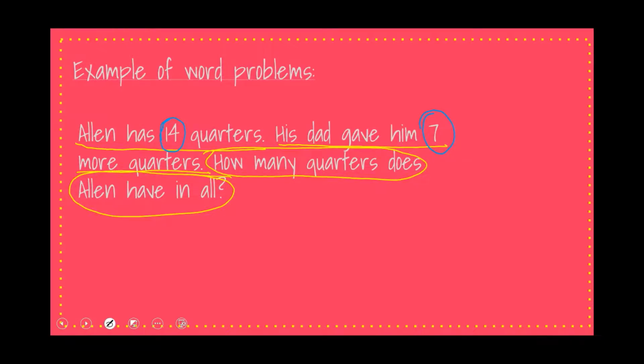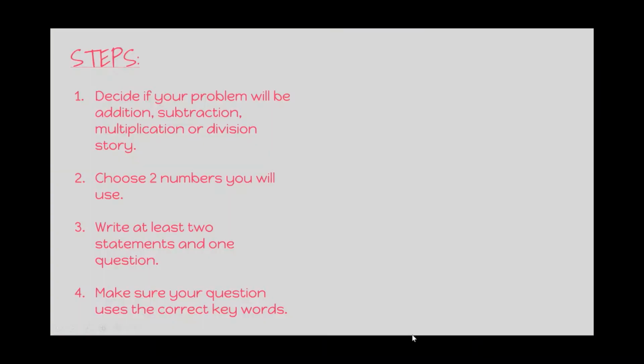How many quarters does Alan have in all? Did they, boys and girls? They did. They used in all. In all, we've learned that when we see those two words, we're going to add.